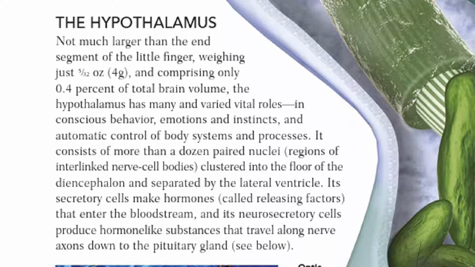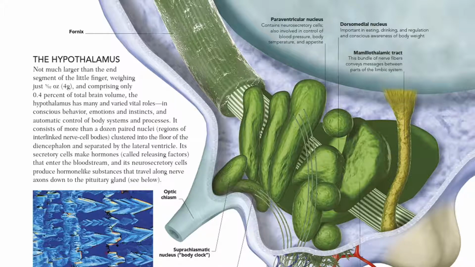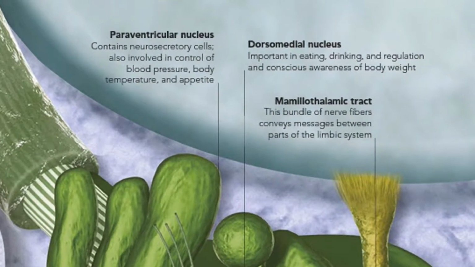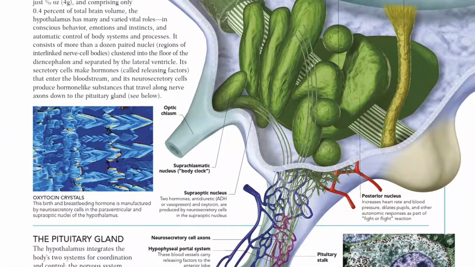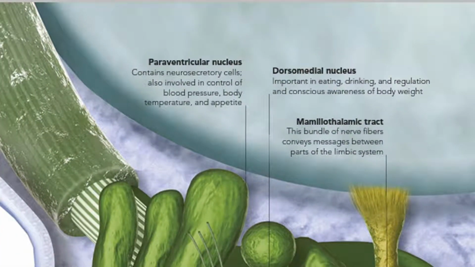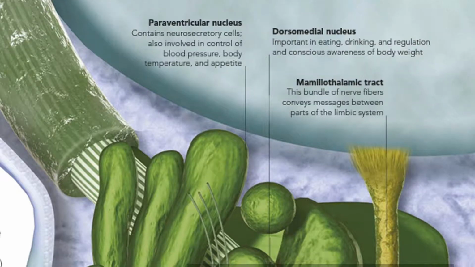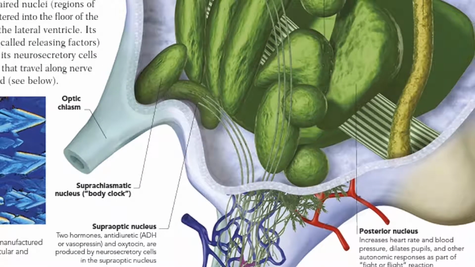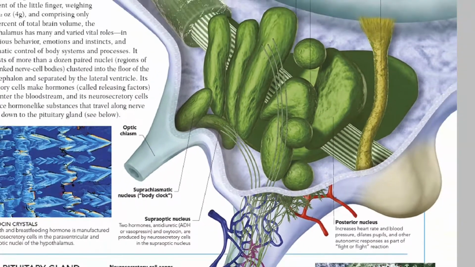Then some additional information regarding the hypothalamus. So the size, okay, and the role and function. And here also, with the green color, the nuclei of the hypothalamus are shown, okay: paraventricular, dorsomedial, and the suprachiasmatic nucleus, the body clock.